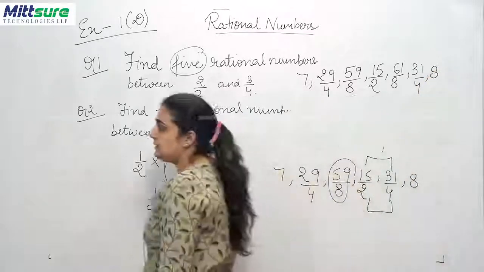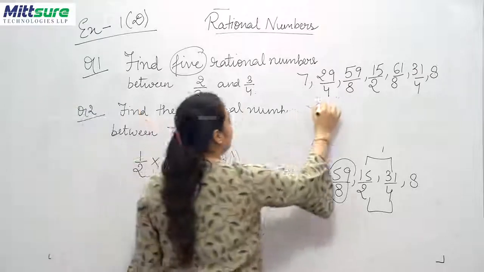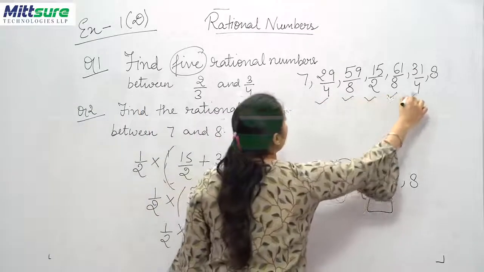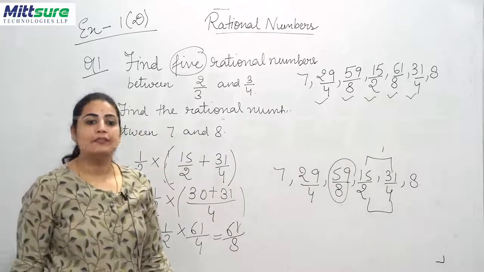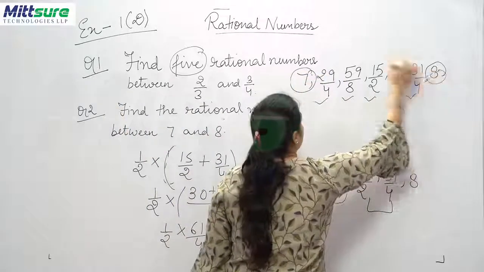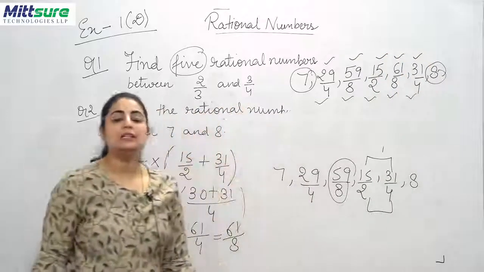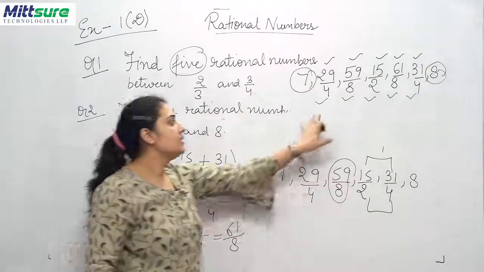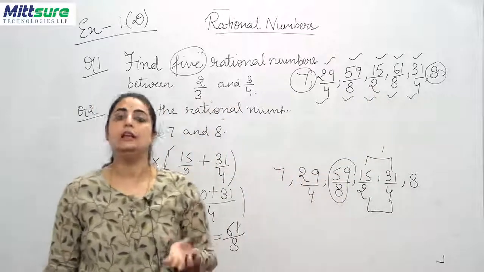So now you can see that I have easily calculated so many rational numbers between the two consecutive numbers, that is 7 and 8. So this is the 7 and this is 8. Now see 1, 2, 3, 4 and 5. 5 numbers have been easily calculated by just finding the midline numbers between the given two rational numbers.